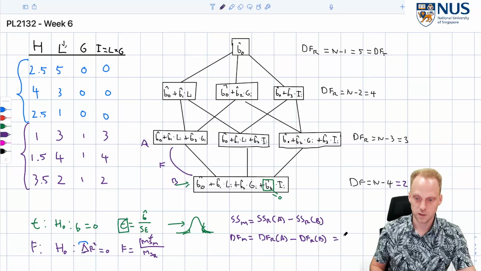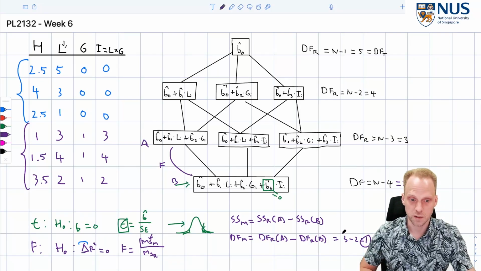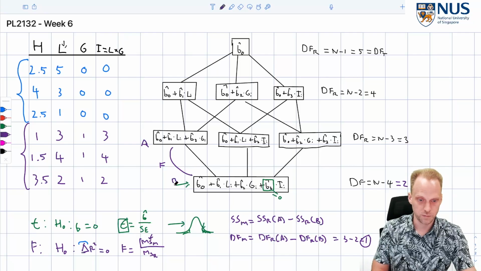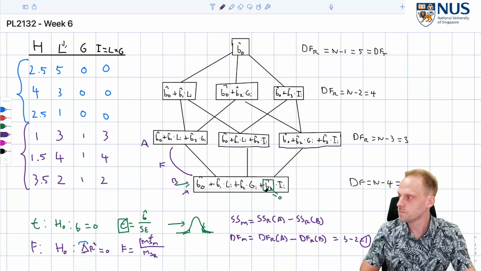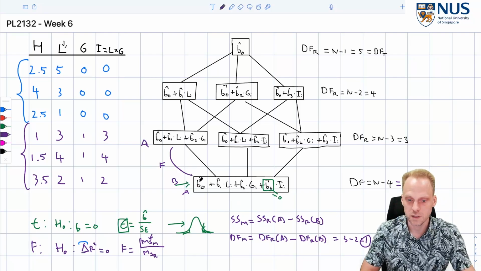So this would be 3 minus 2 equals 1. So basically what it tells us is that this model loses a piece of information into this extra parameter, but is the explained variance that is explained by this model better? Is that worth it? That's the idea.